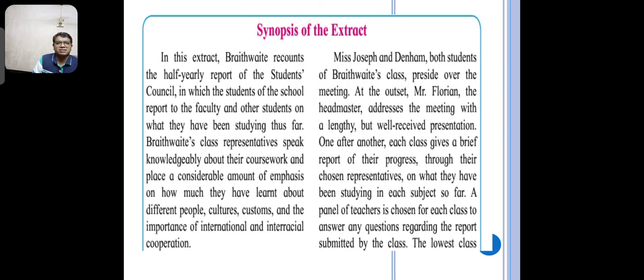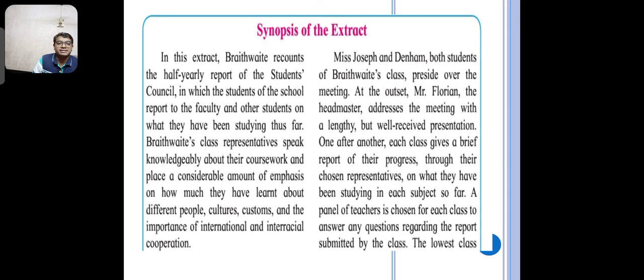So our extract deals with one event, a student council, and in that there is a recounting of the half yearly report of the students.